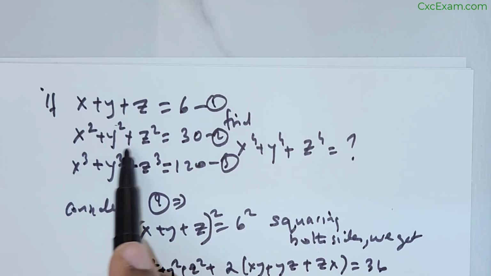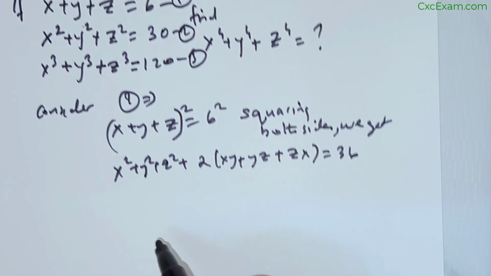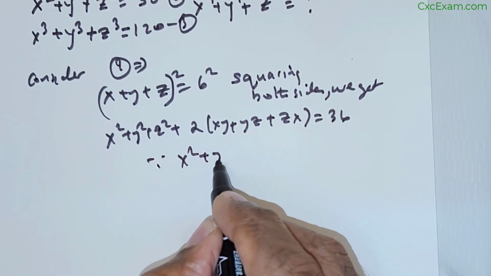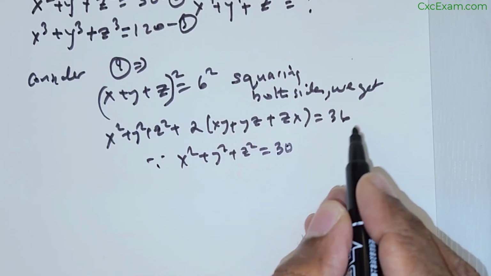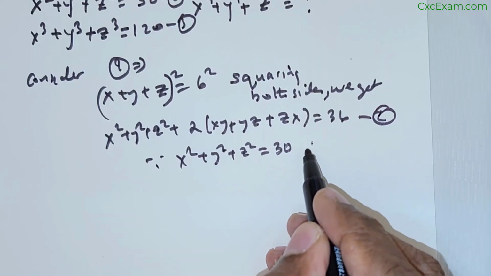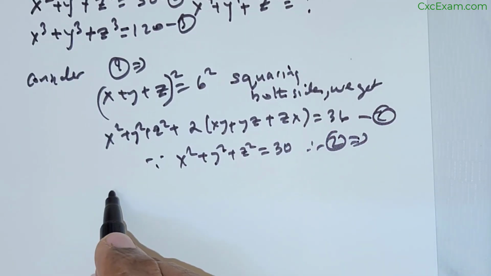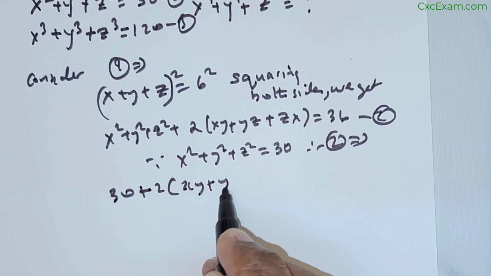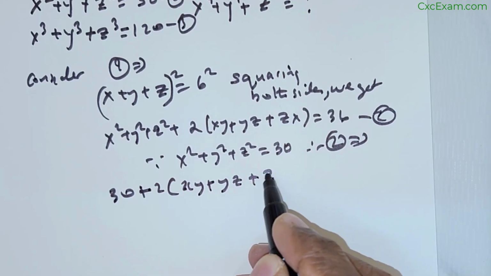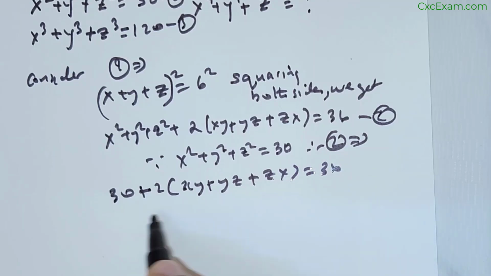Now x² + y² + z² is equal to 30, right? Since x² + y² + z² is equal to 30, if I take this as 2, I can rewrite it as 30 + 2(xy + yz + zx) = 36.